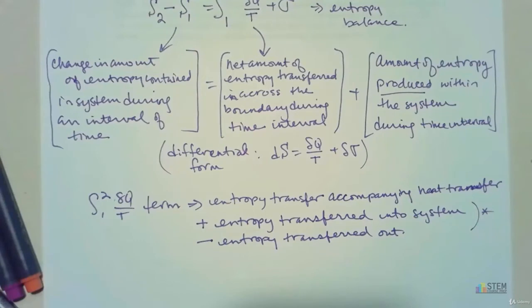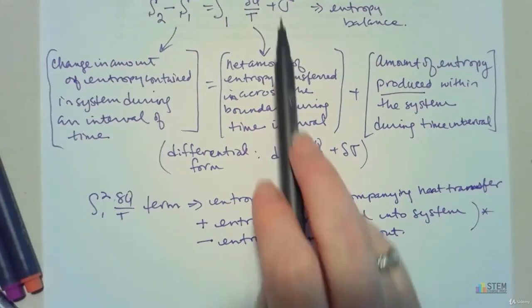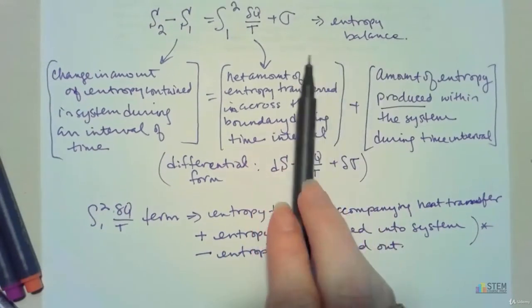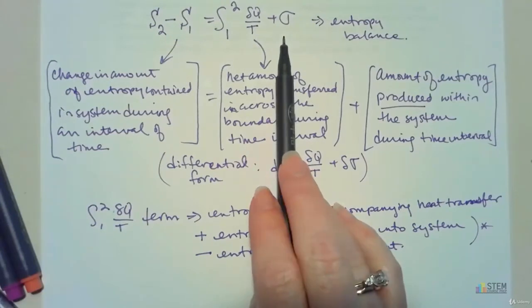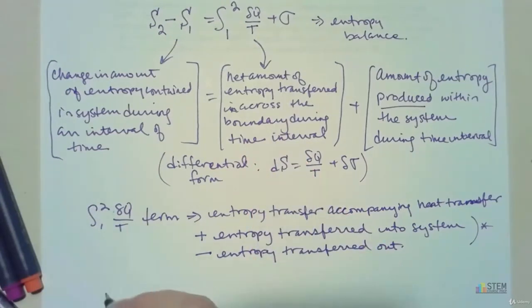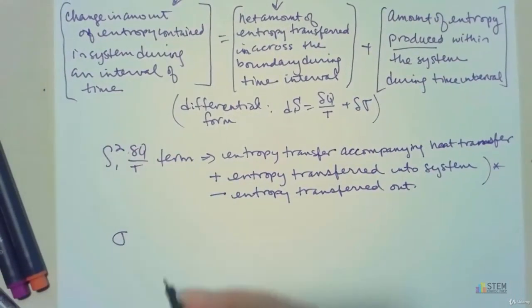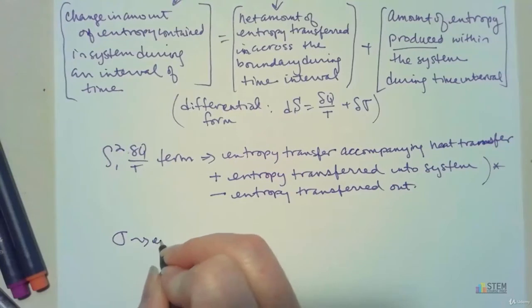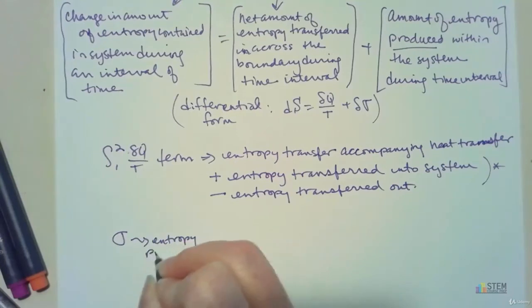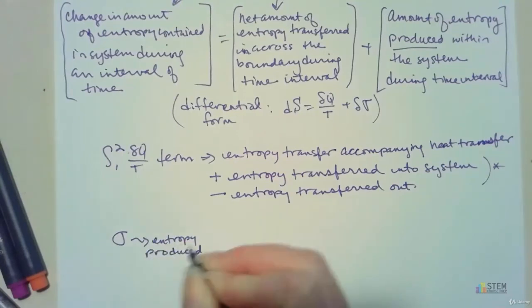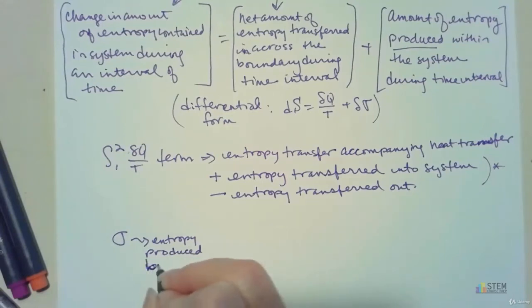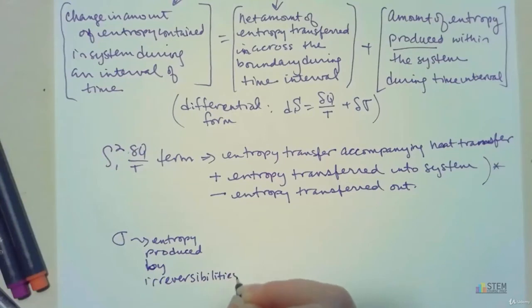All right, so this is going to be one of those sign conventions you might want to pay attention to. Now this sigma over here, we've already talked about sigma. Remember, we mentioned that before in chapter 5. So let's talk about sigma. Entropy is going to be produced when there are irreversibilities. So let's put entropy produced by irreversibilities. We're going to take what we learned earlier and include it here.